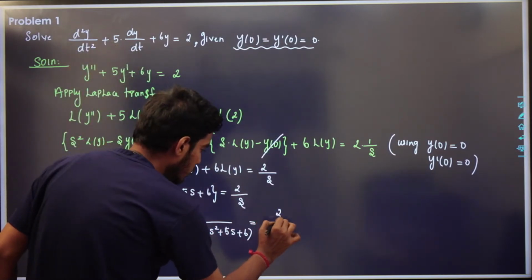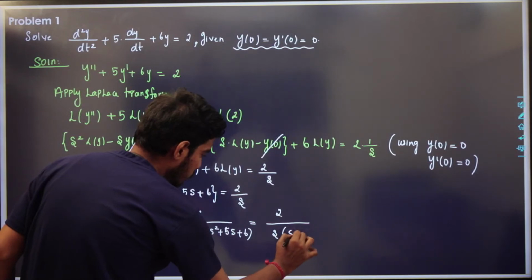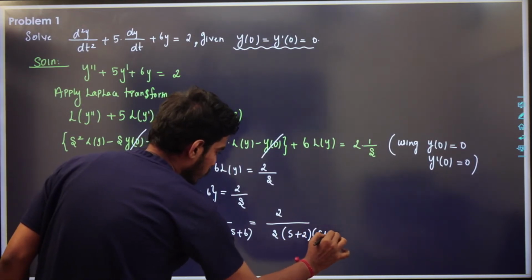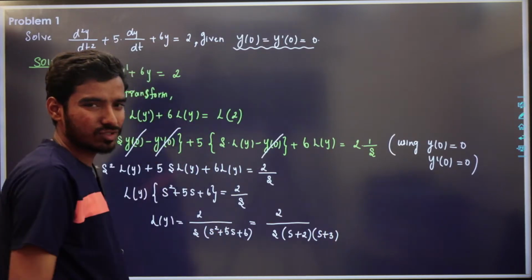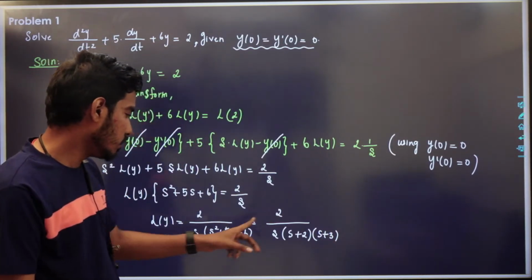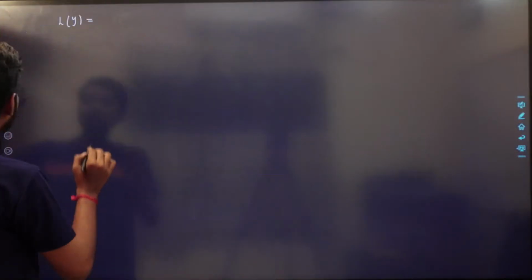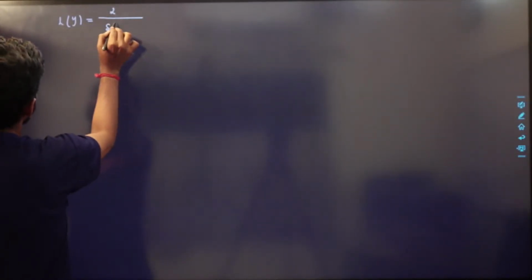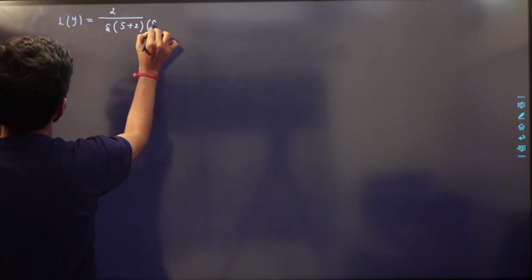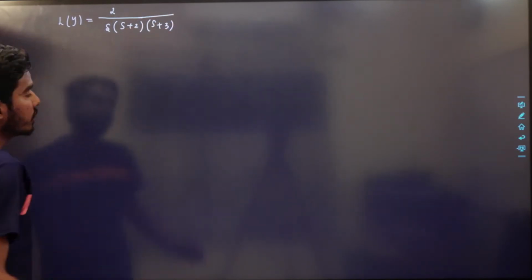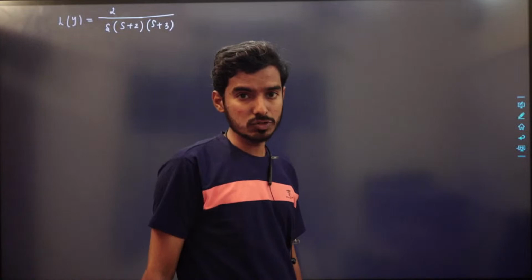You just factorize this quadratic equation. So we have L of y is equal to 2 divided by s into s plus 2, s plus 3.